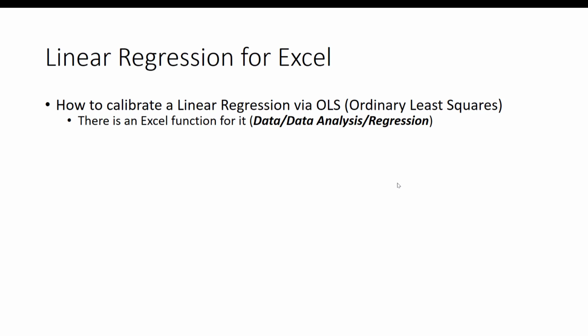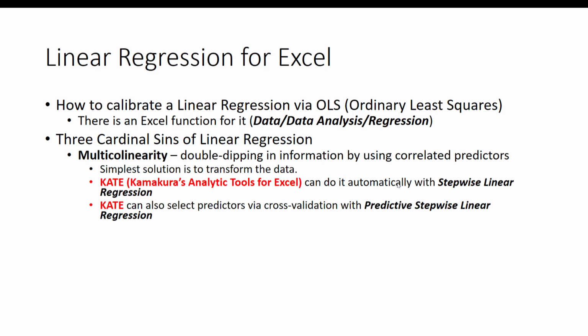However, to build a good linear regression model, you want to make sure that you don't commit any of the three cardinal sins of linear regression. You want to make sure that your predictors are not correlated with each other. You want to avoid multicollinearity. And as I showed you, the simplest solution is to find some kind of transformation of the data that avoids multicollinearity.